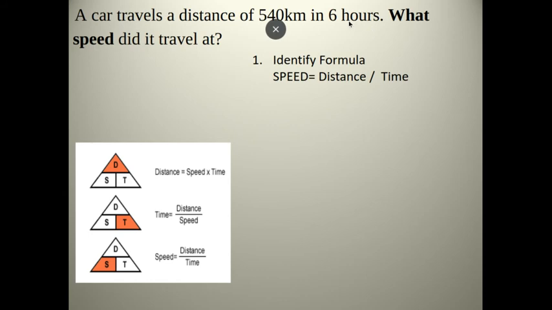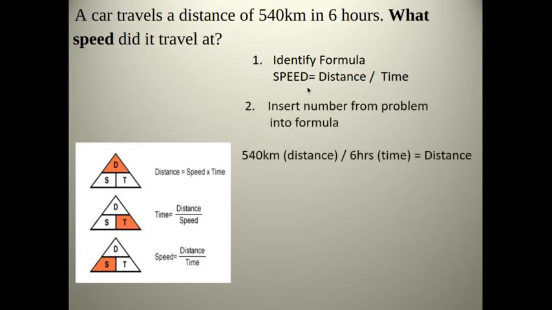Now we've got to plug these numbers into the formula. So which one's the distance? The distance is 540 kilometers. I'm going to divide that by 6 hours. As you see here in step 2, 540 divided by 6. Now from here, just let the calculator do the work. I don't expect you to know it in your head.